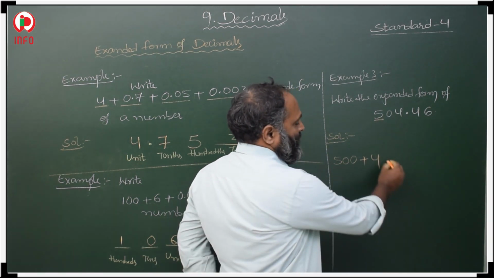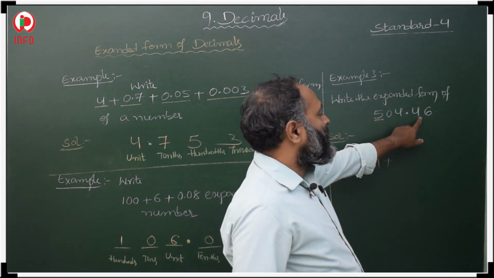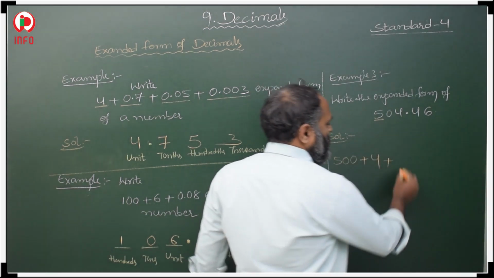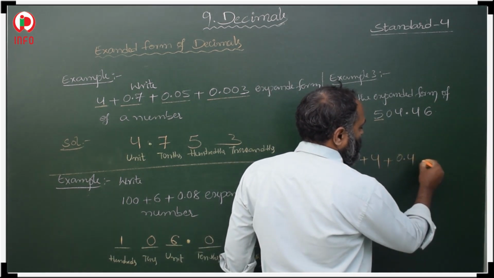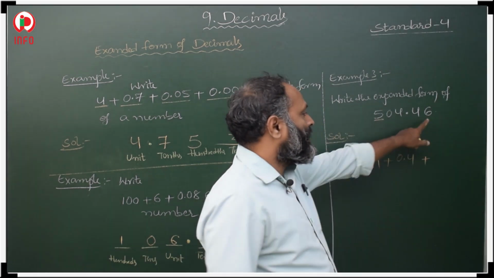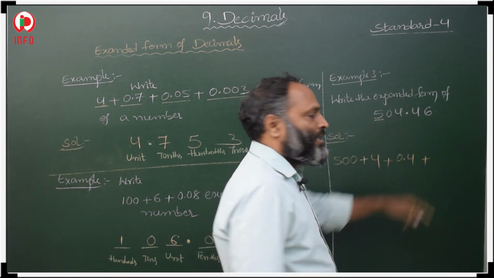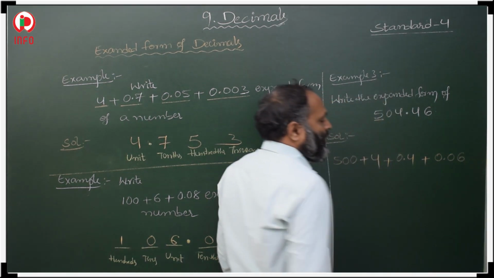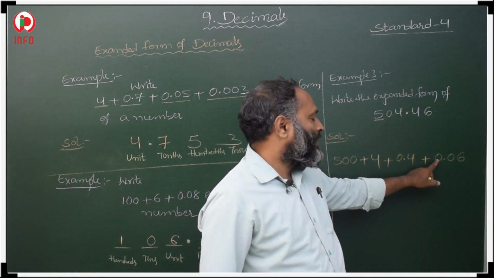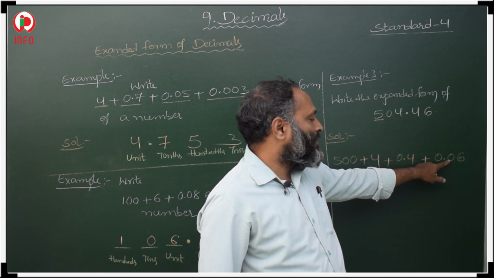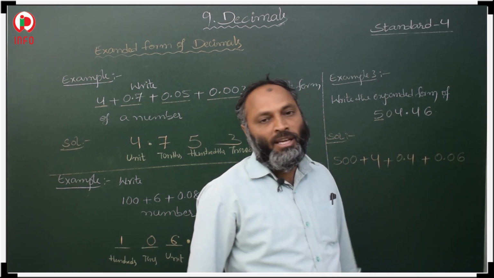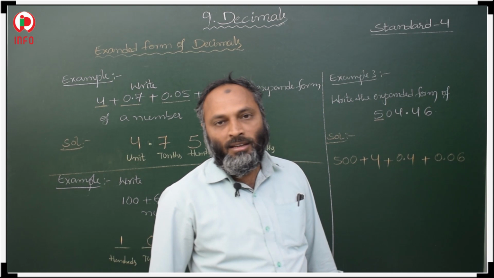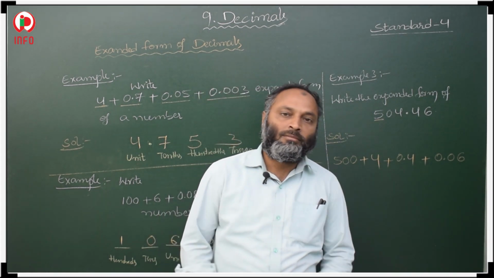Then plus, this 4 is in the tenths place, that is 0.4, and this 6 is in the hundredths place, so 0.06. Before the decimal we take 0, in the tenths place we keep 0, and in the hundredths place we take 6. This is the expanded form.